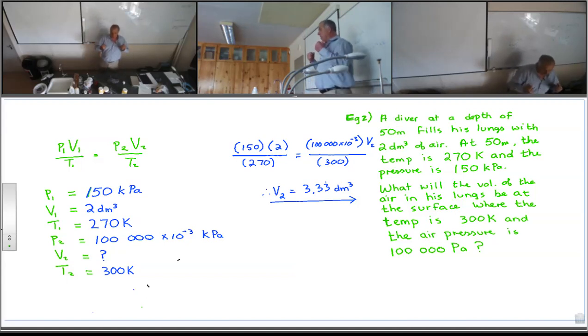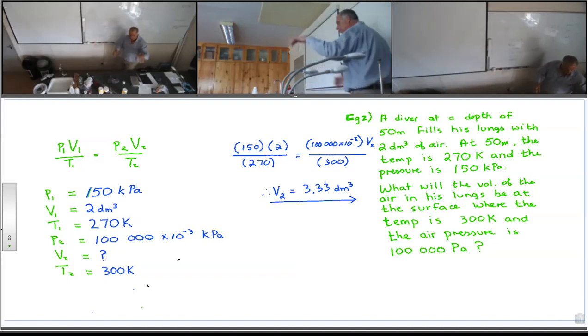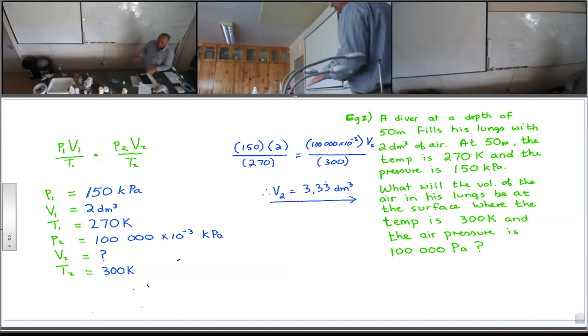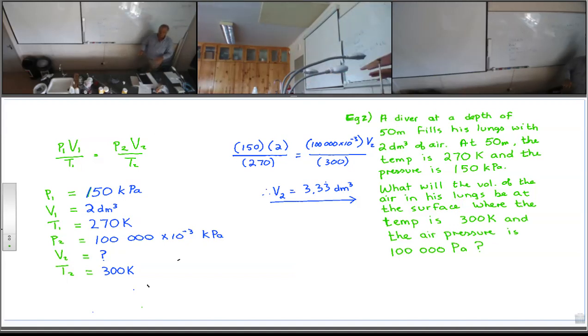If you took a deep breath from your scuba tanks, diving 50 meters below the surface, and went up to the surface, what would happen to the air in your lungs? How much air would you fill into your lungs down at 50 meters? 2 decimeters cubed.